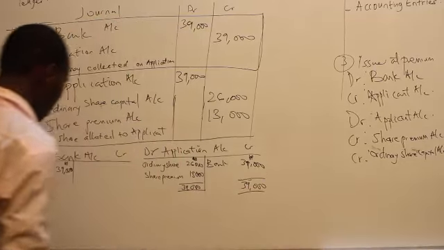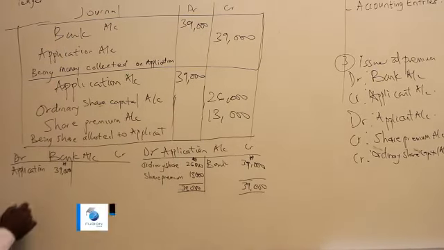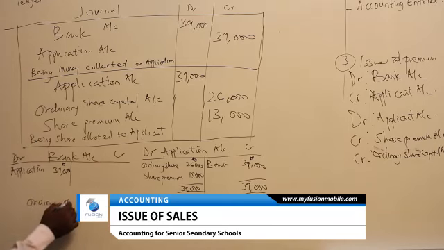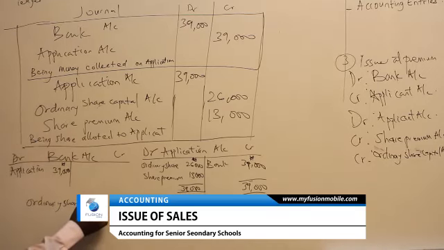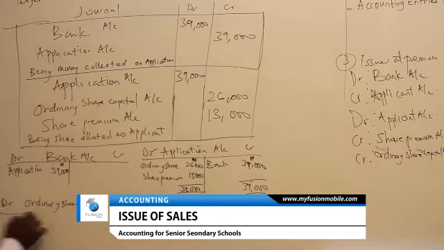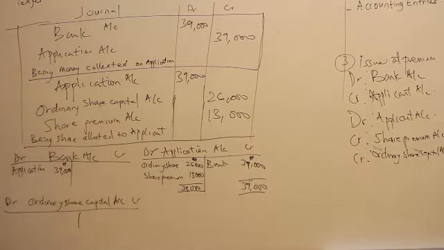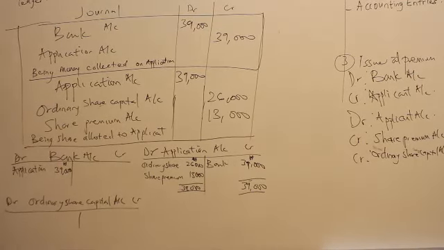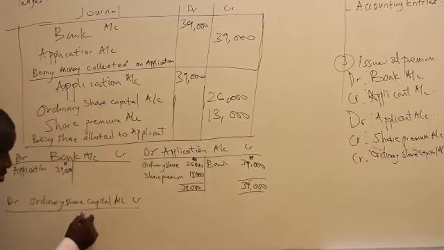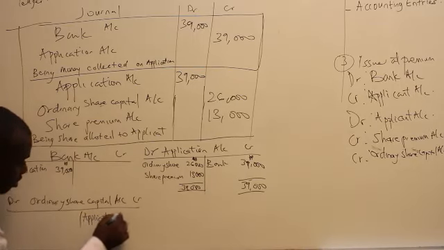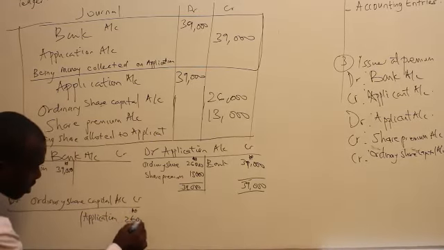So the next thing is the ordinary share capital account. We are going to credit the ordinary share capital account with application, 26,000 naira.